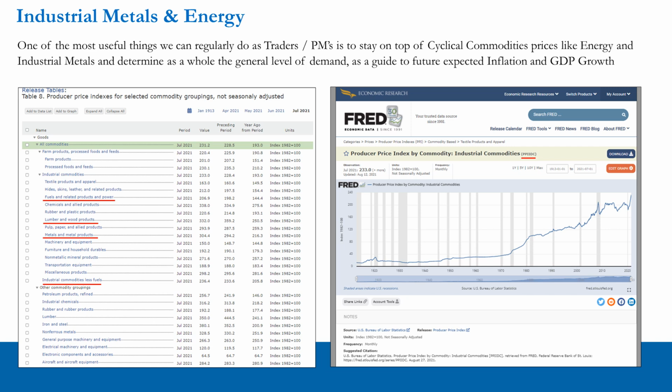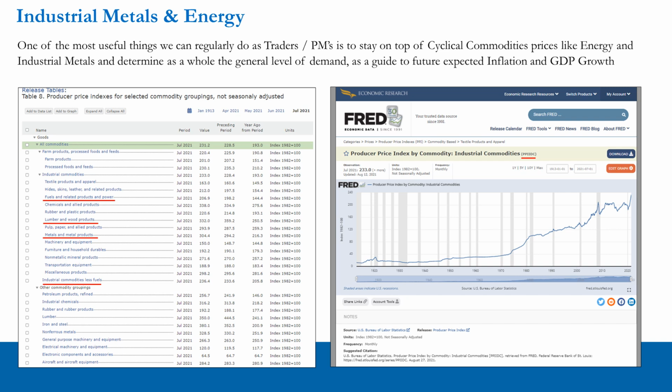And within industrial commodities, you will see further sub-indices. So you'll see, for example, fuels and related products and power. You'll see lumber and wood products. You'll see metals and metal products. And also industrial commodities, less fuels.